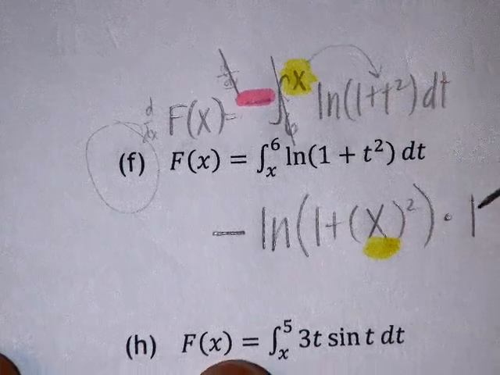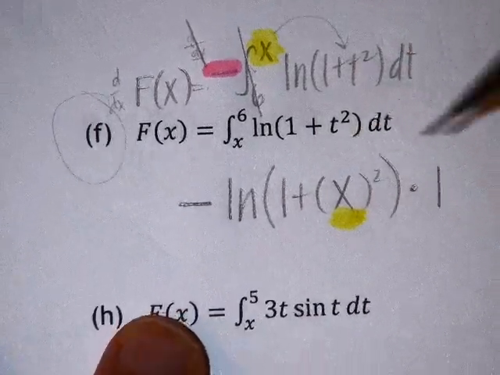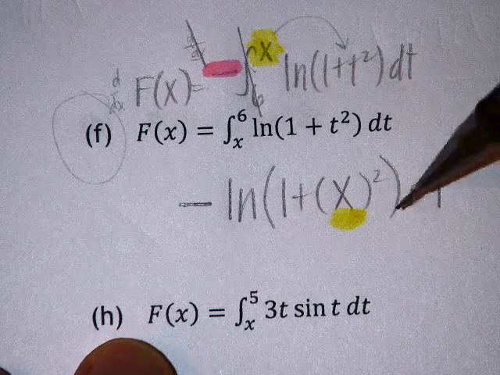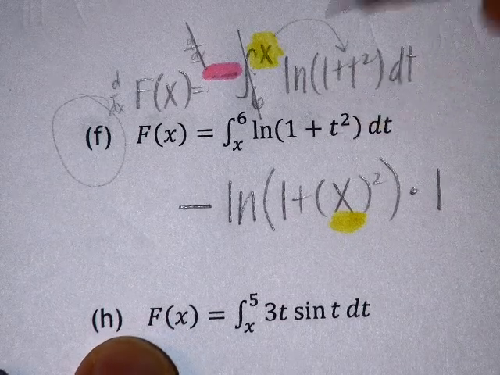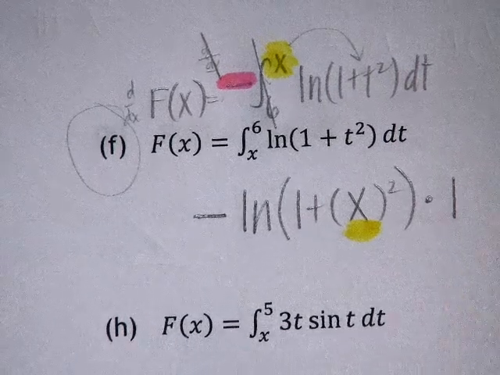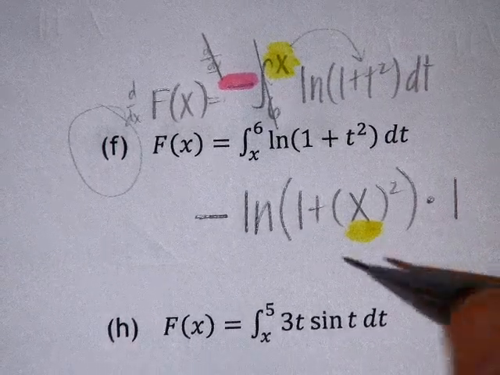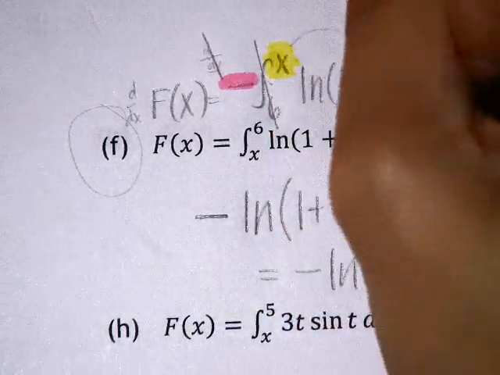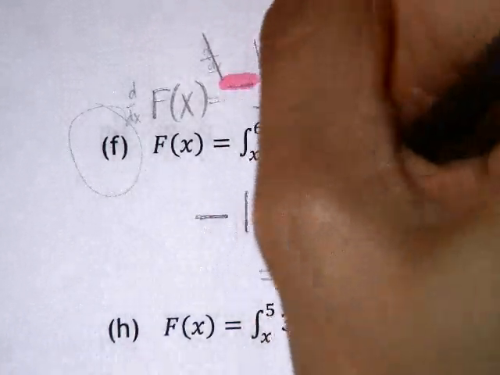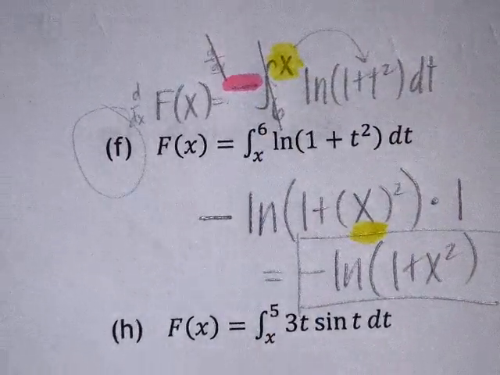The derivative of that inner function is just 1. Again, if you don't want to do that times 1 because you feel like you don't need the chain rule there, that's fine. If you'd rather just be consistent, use the chain rule every time, that's fine too. You decide. Cleanup is pretty unnecessary here because multiplying by 1 doesn't do anything. So we have negative ln of 1 plus x squared, and that is our answer.